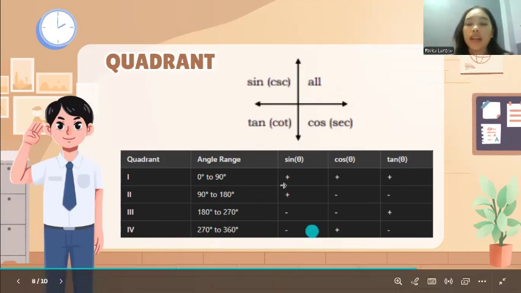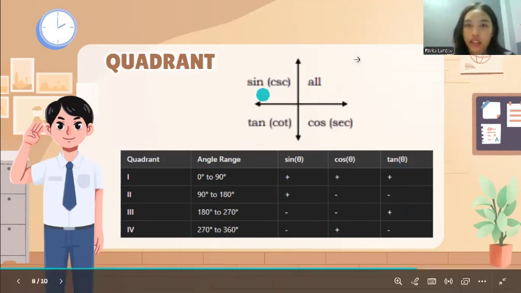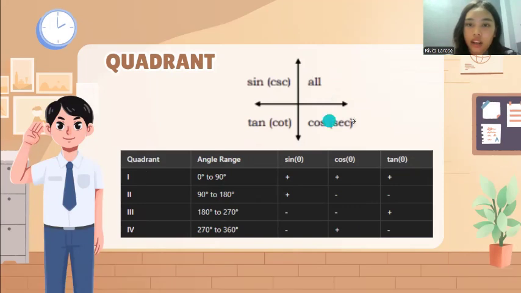Sine theta is negative, cosine theta is positive, and tan theta is negative. Here it is: all, sin or cosecant, tan or cotangent, cos or secant.